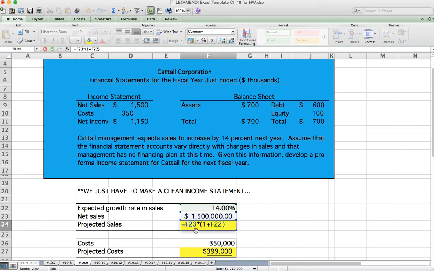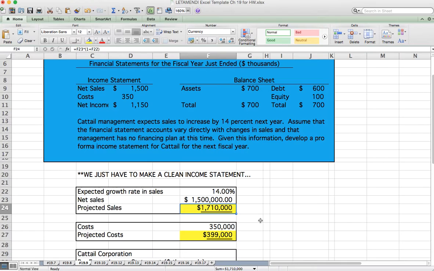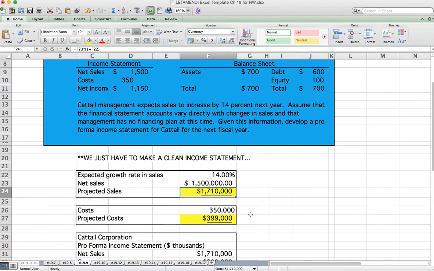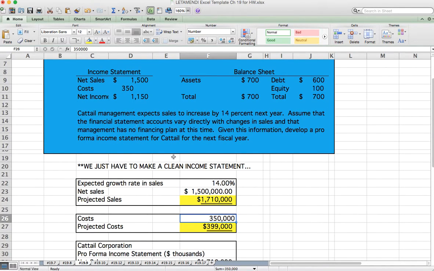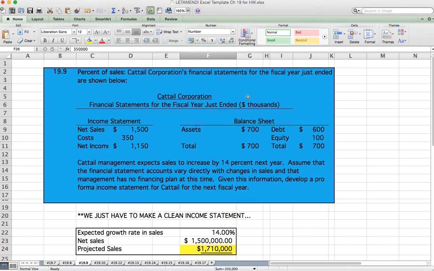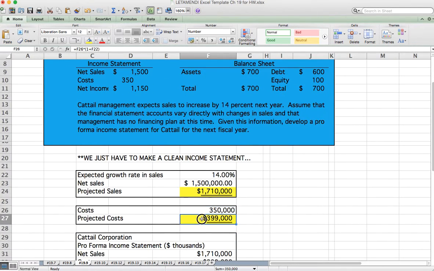So then the projected sales is going to be the 1.5 million times, open parentheses, 1 plus the 14%, and then you get $1,710,000. Next, we get the cost from above, 350,000. Again, it says 350 here, but we have to add the 1,000. And the projected costs are going to be equal to 350,000 times, open parentheses, 1 plus the 14% expected growth rate in sales.